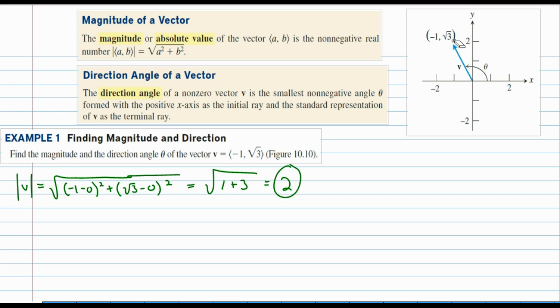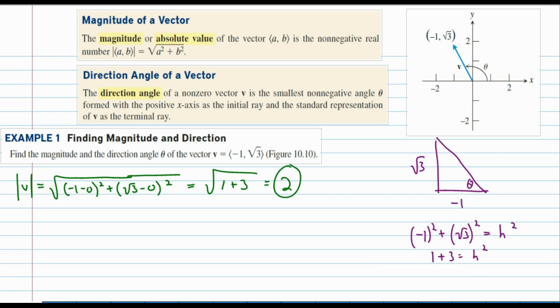Now as far as the direction angle of the vector, well, we have theta here, but we can use a reference angle to help us with that. So I'm going to draw the angle with the negative x-axis in our vector, with theta in the middle. And I'm going to use a perpendicular down to the x-axis as a reference triangle, set up my triangle.